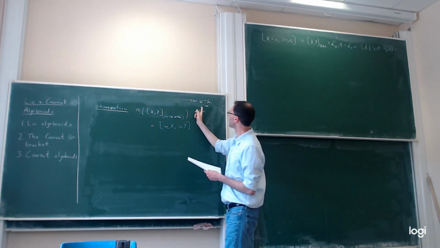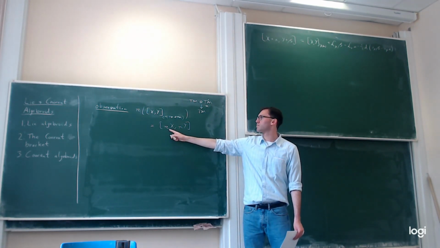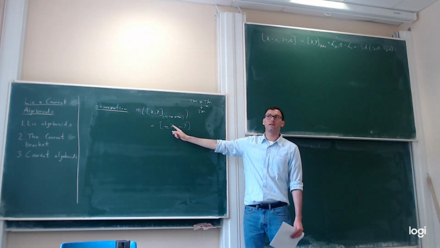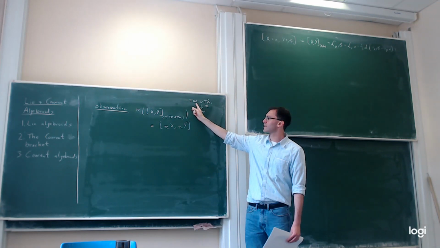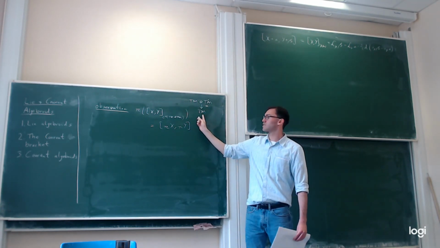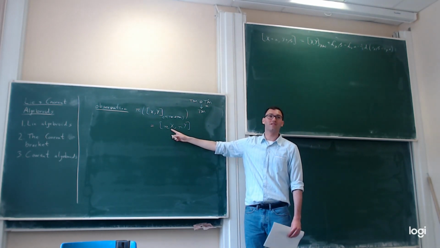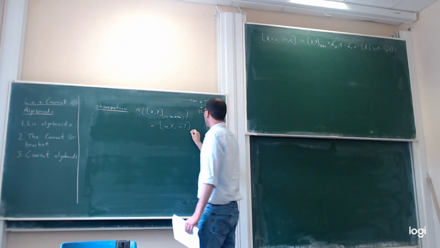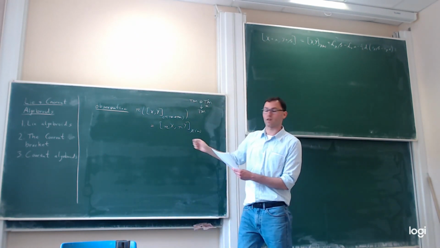So pi is a fiber map. Here I'm applying pi to every value of x, to the values of x at every fiber of the extended tangent bundle, and pushing them down to the tangent bundle to obtain a vector field on M, and then here I'm taking their Lie bracket. This is the first observation.